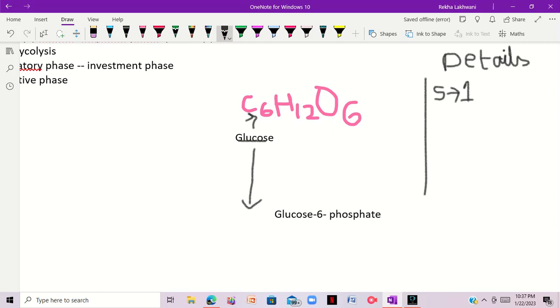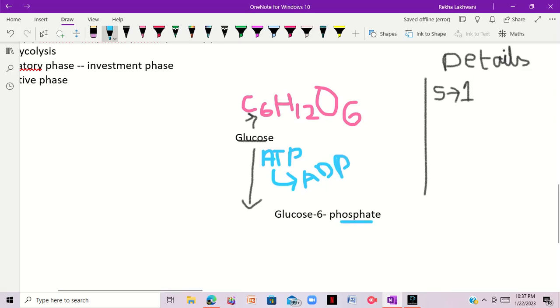It means that a phosphate is attached, so phosphorylation is being done. It means that ATP is used, and ATP is converted into ADP, and one phosphate has been utilized and is attached to this.